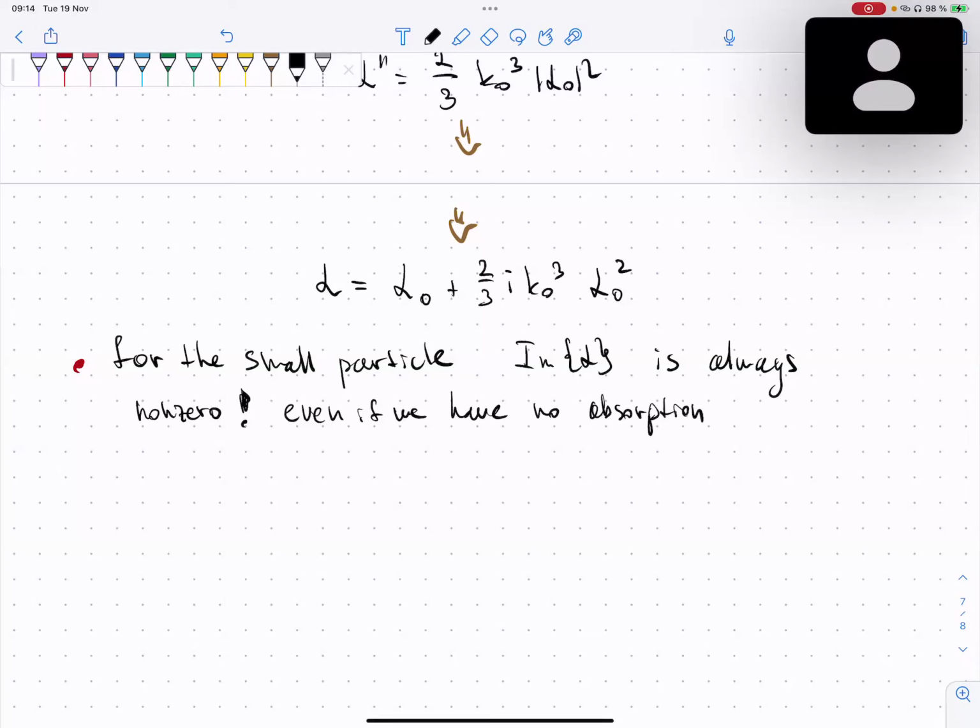This looks kind of strange because the imaginary part is always associated with some losses. For example, the imaginary part of permittivity tells us about ohmic, material losses in our system.